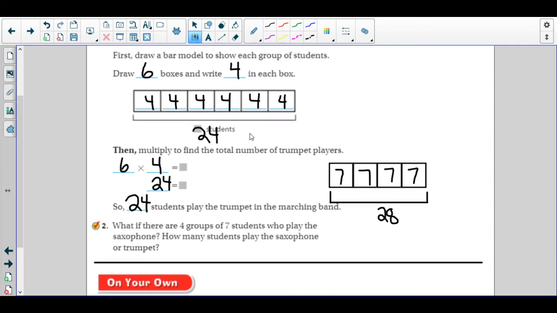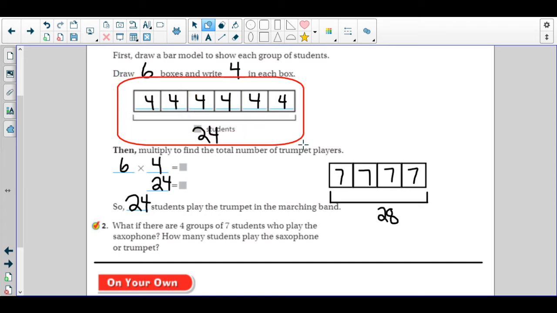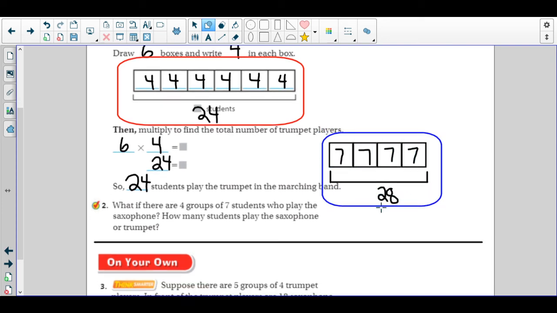Now, how do we combine this with this? All right, so that becomes our task.